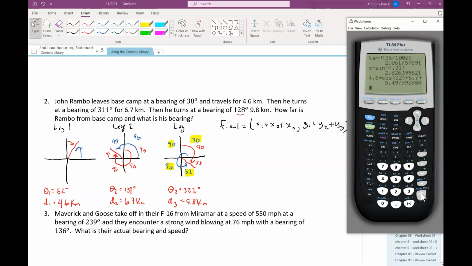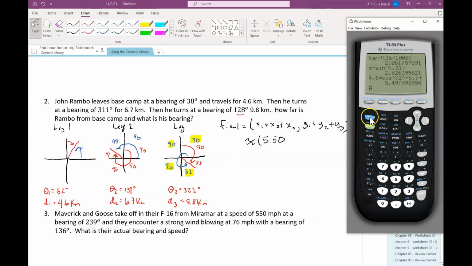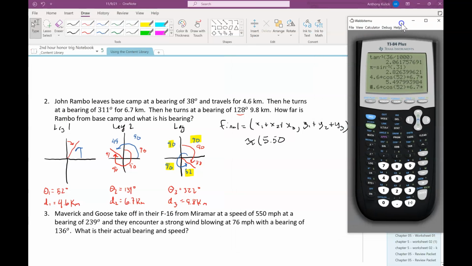So about 550. And then to get the y's, I'm going to do the same thing, but instead of using cosine, I'm going to use sine. So 4.6 times sine 52, 6.7 times sine 139, and then 9.8 times sine 322.